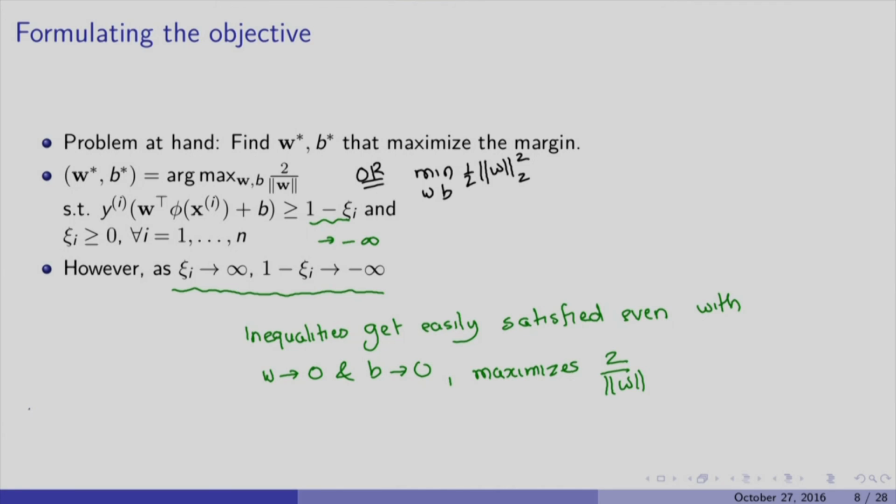So what are the modifications one could make to this formulation? Well, here are some alternatives. You could add a penalty, let us say minus of summation xi i, to the objective.